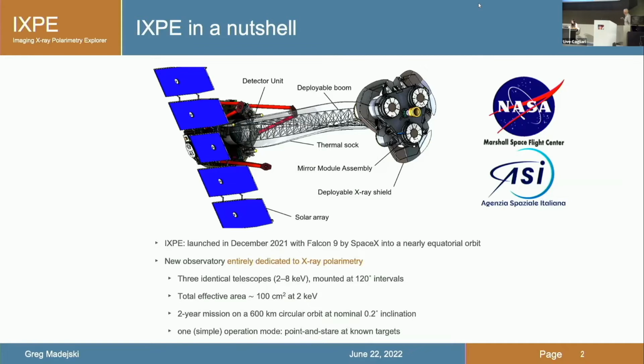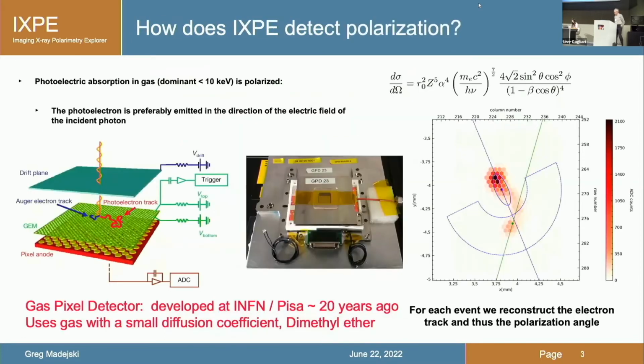So it's about 0.2 of a degree inclination right now, at a 600 kilometer circular orbit. And again, this is not a very different mission than NuSTAR. It's basically a pointed type mission, so there is no going back and forth between different places around the orbit.